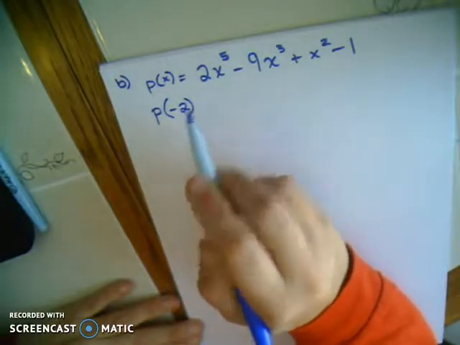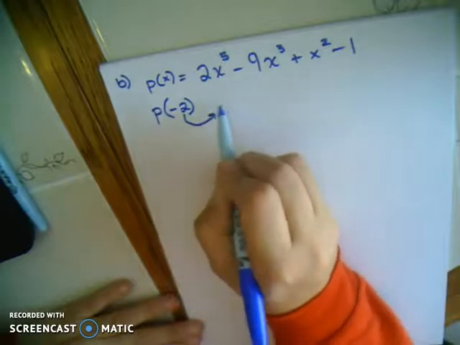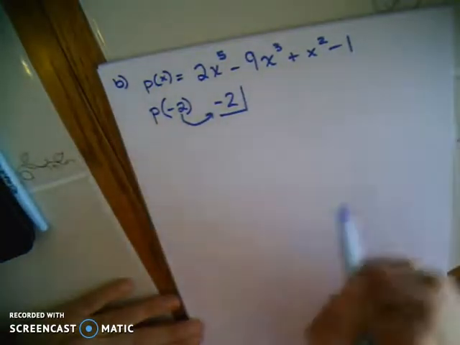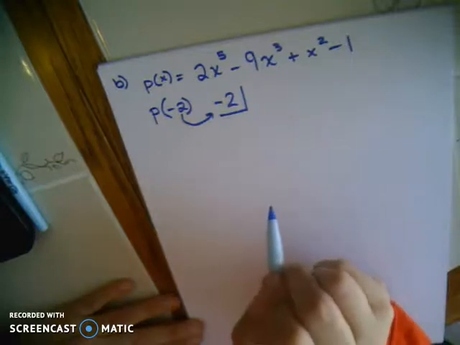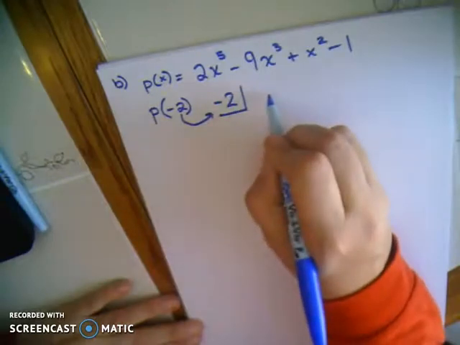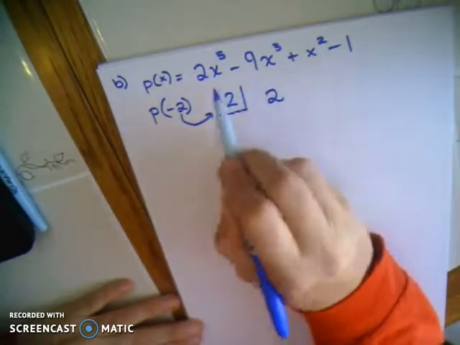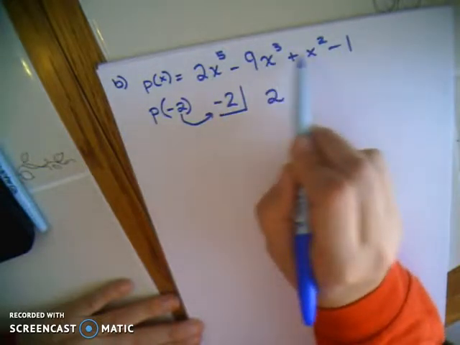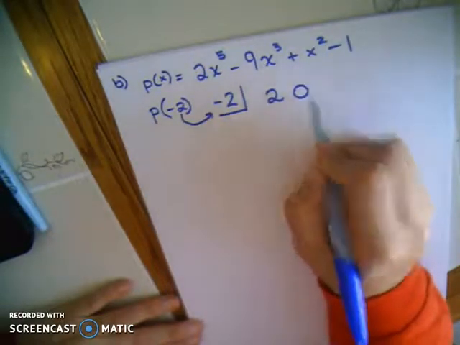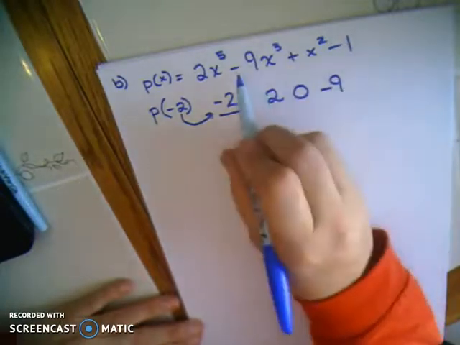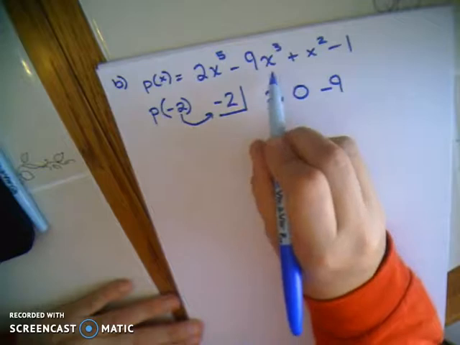So I'm going to work this problem with synthetic division. That number goes in the box. And next to it, I need to write the coefficients from my polynomial, starting with the biggest. So my x to the 5th coefficient is 2. And then I need my x to the 4th coefficient. And there isn't an x to the 4th here. That means its coefficient is 0. And then I need my x cubed coefficient, which is -9 because of the subtraction.